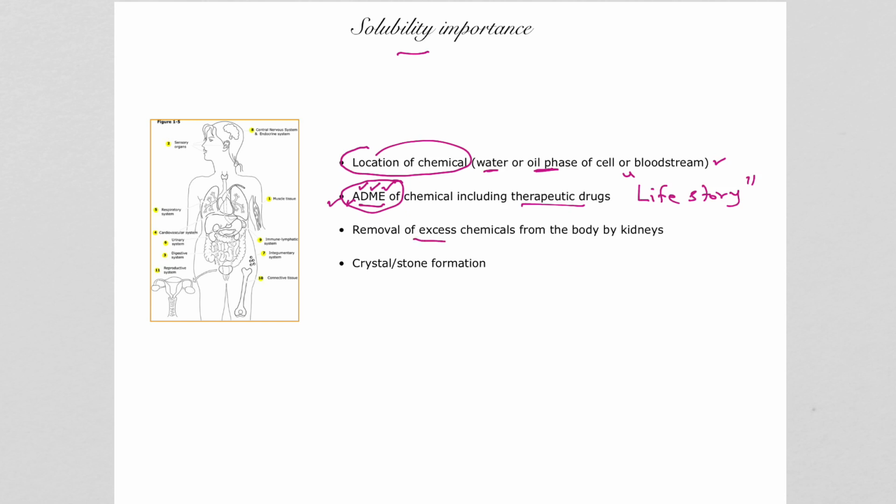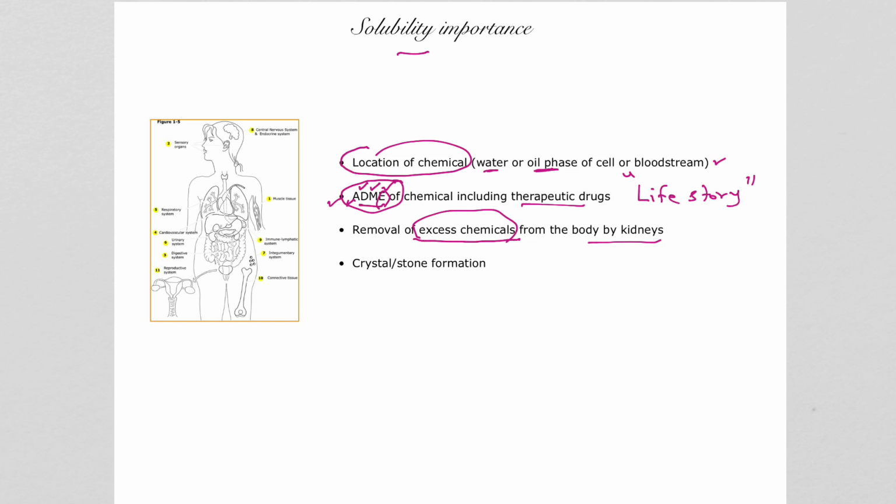How we get rid of excess chemicals from the body depends, again, on the excretion part. We need to get rid of excess chemicals, and the kidneys play a very important role, but these chemicals have to be made more water soluble, and that's one of the functions of the liver.